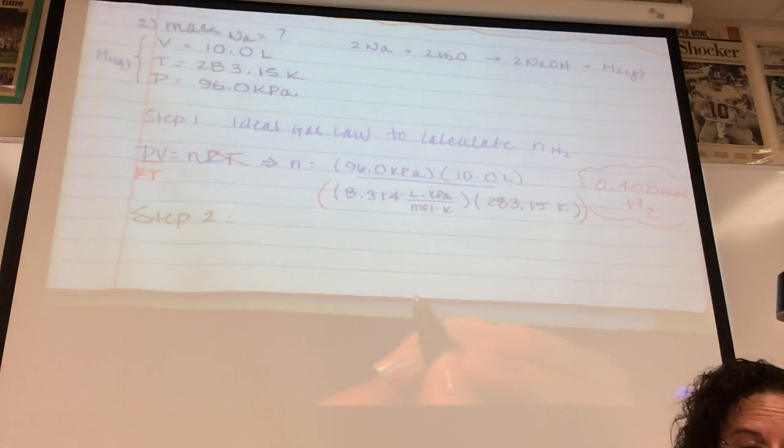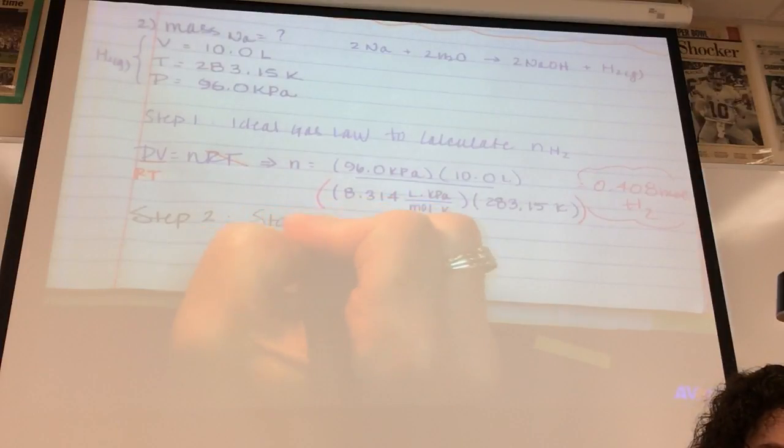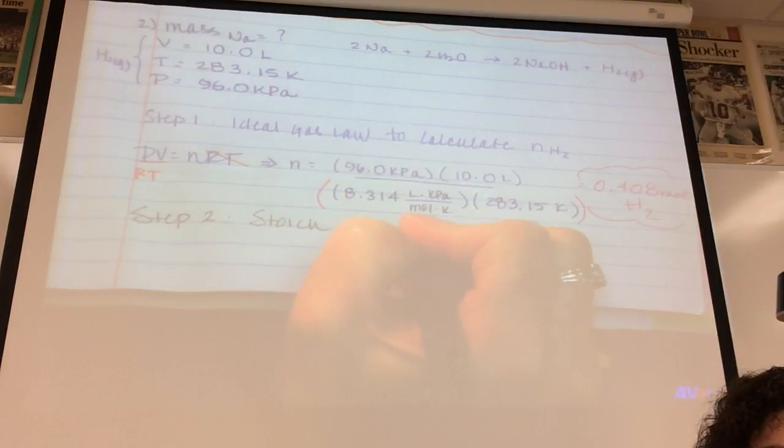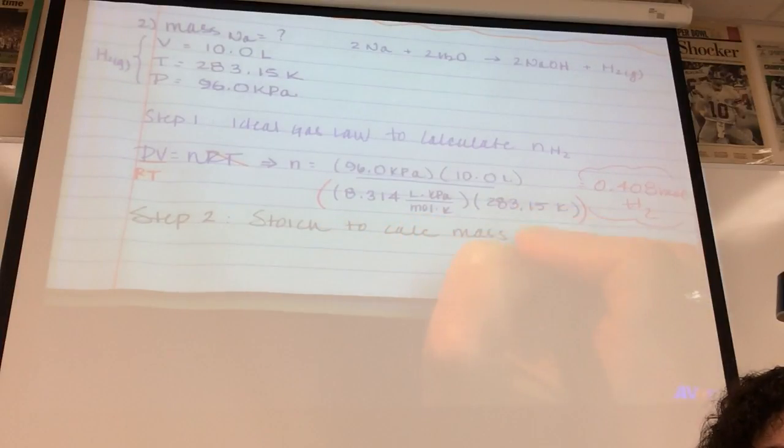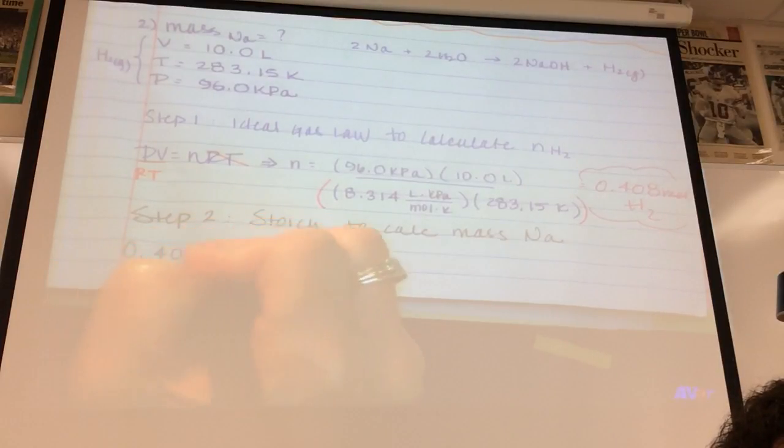You're going to need a mole ratio and then a mole to mass. So you're going to use stoichiometry to calculate the mass of, in this case, sodium, from the moles of the gas.